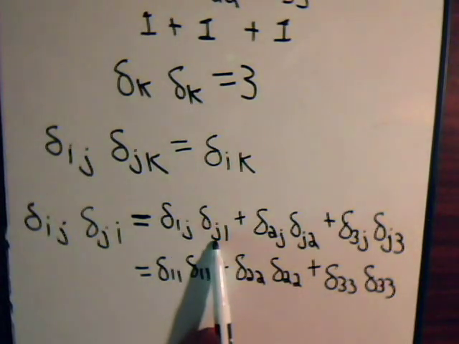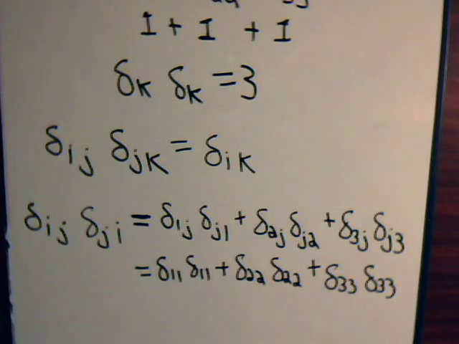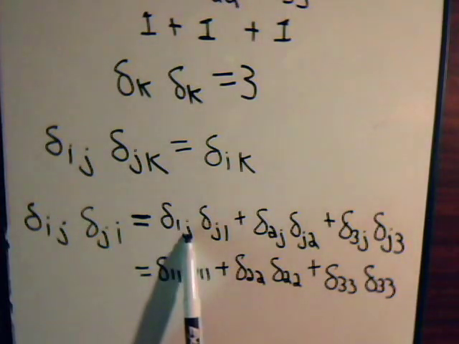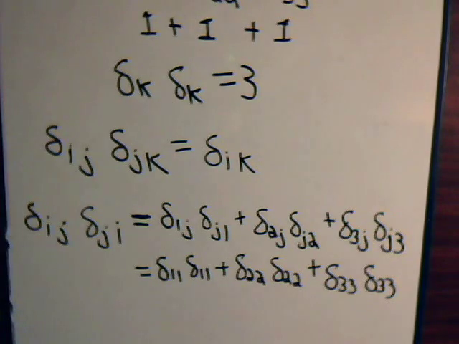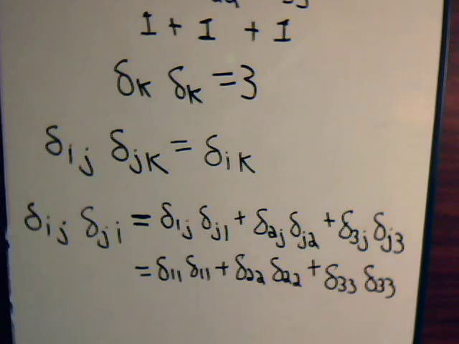When j equals 1, we get this. If j is 2, non-matching index, no contribution. When j is 3, it's a non-matching index, no contribution. Same thing here, j can be 1, but the numbers don't match, so it's 0. j can be 3, but the numbers don't match, so it's 0. Only when j equals 2 do the numbers match.